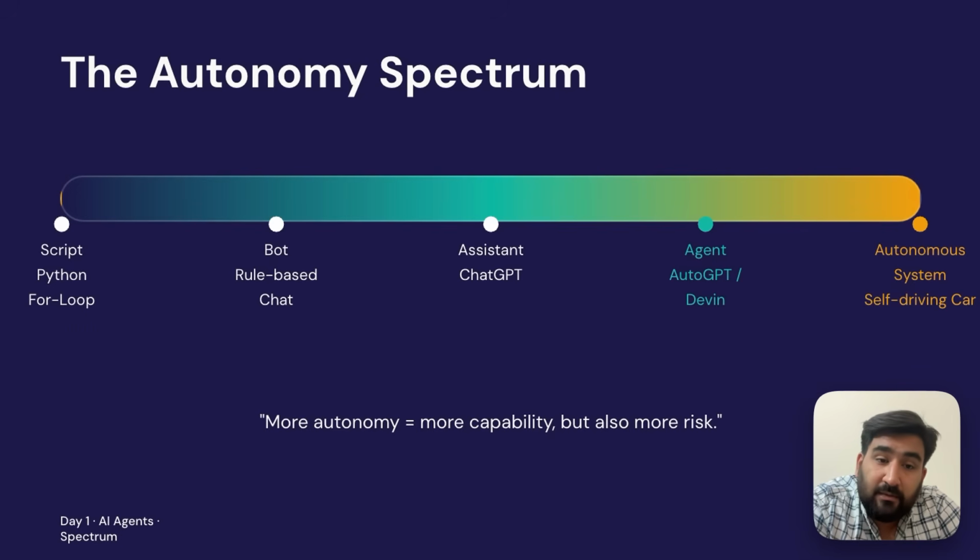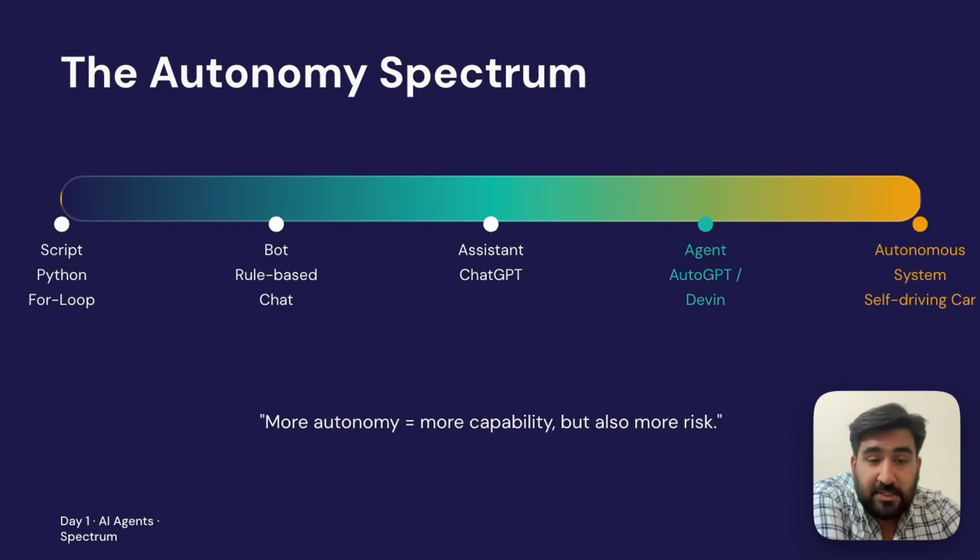And at the very far right, you get a fully autonomous system, like self-driving cars, or trading bots managing real money or real exchanges. Here is the thing you need to remember as you move towards the right of the scale: capabilities go up, and so does the risk. More autonomy in systems built on AI means more things that can go wrong without you noticing them in time and stopping them.